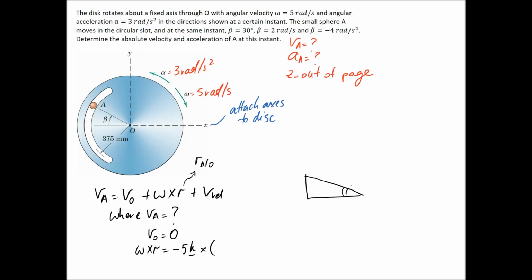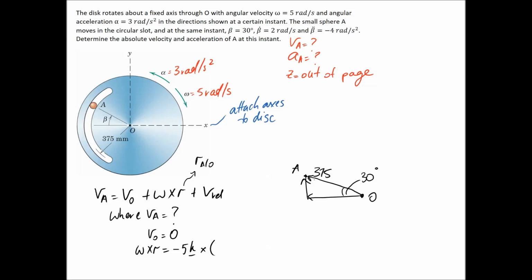Okay, so this in here is beta, which we're told is 30 degrees. And we know that the length back to the slot, so the hypotenuse of the triangle, is 375 millimeters. This corner is A, this corner is O, and we need the radius of A relative to O, so it's going to be the arrow that way.